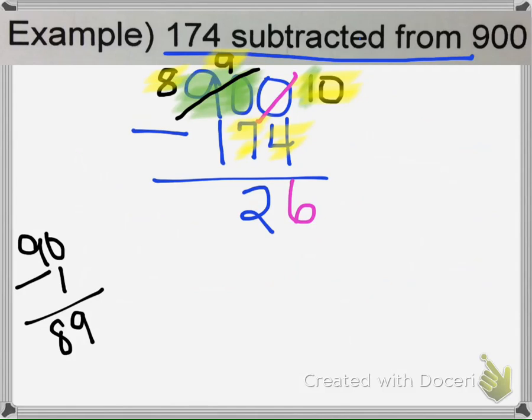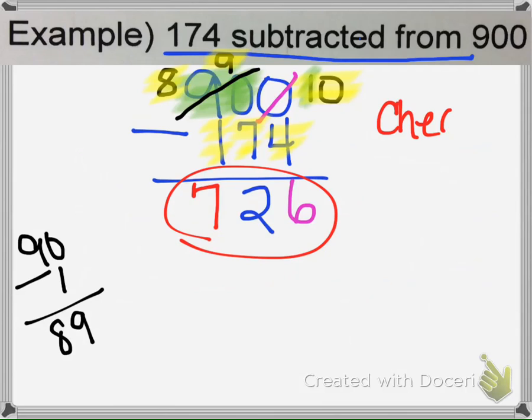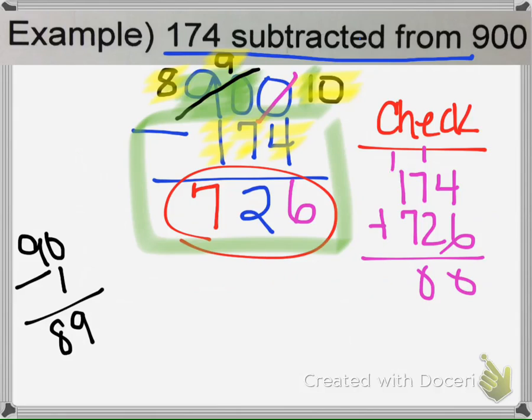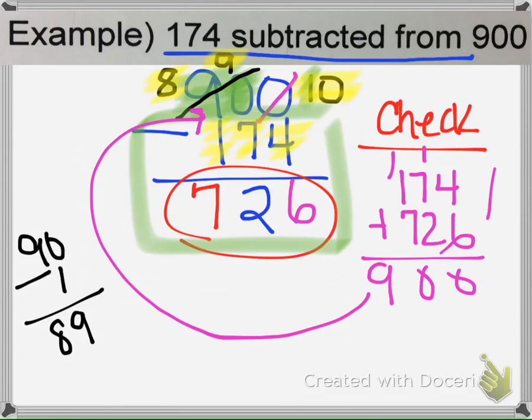And lastly, 8 take away 1, which is 7. So we get 726. And then again, don't forget to check it. Add these two together. So if we have 174 plus 726, we get the number we started with, the 900.